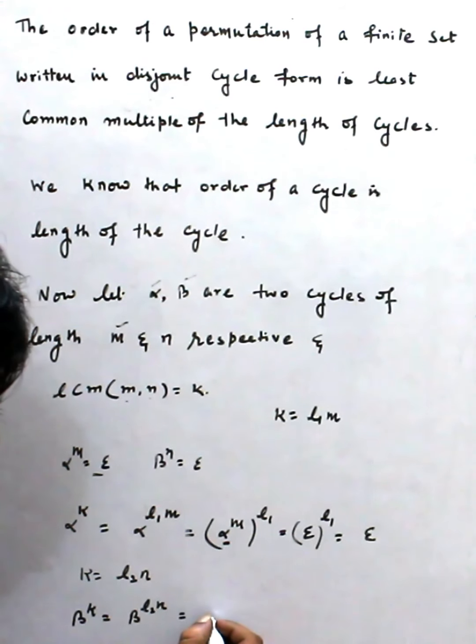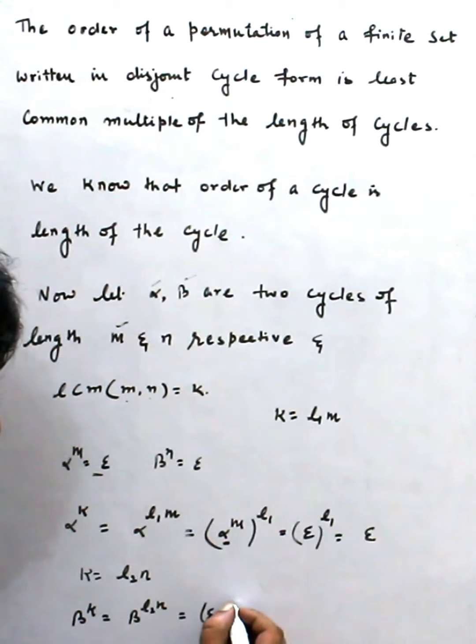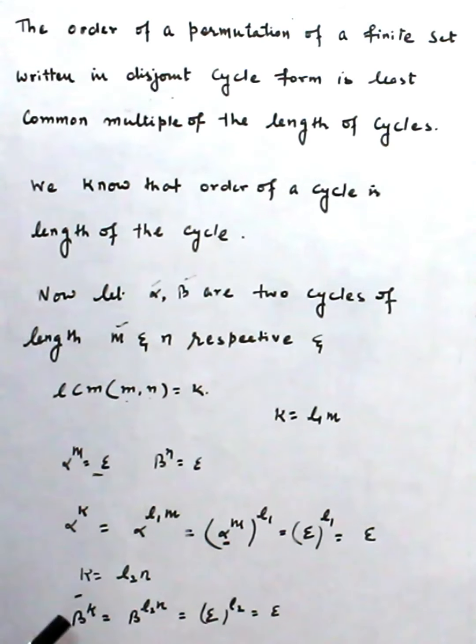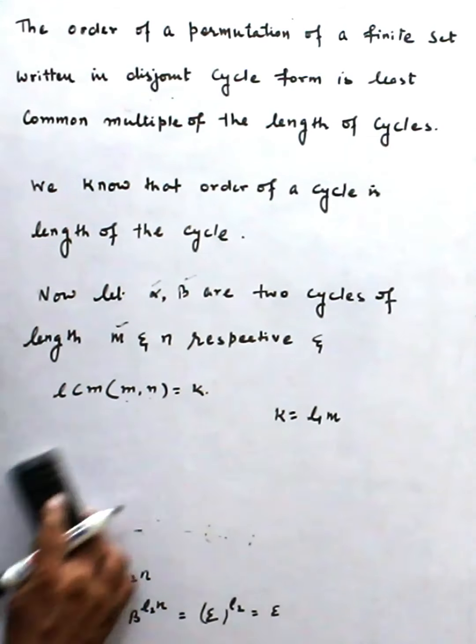That means this is also identity raised to L2, and this is identity. That means if beta is raised to k, it is also identity, but by the same argument, k is not the order, right?